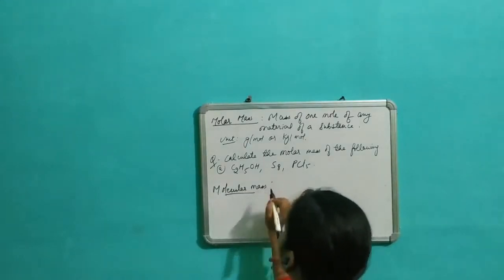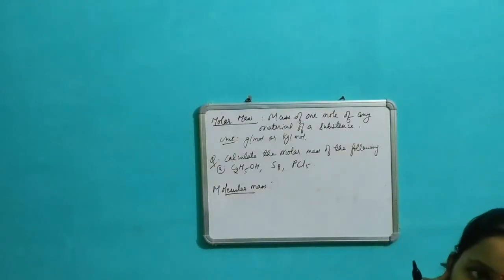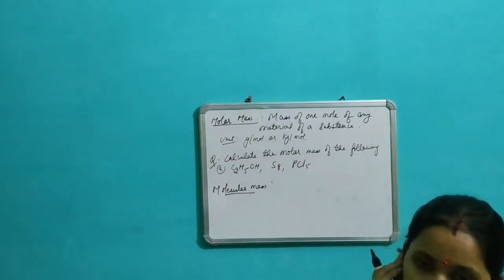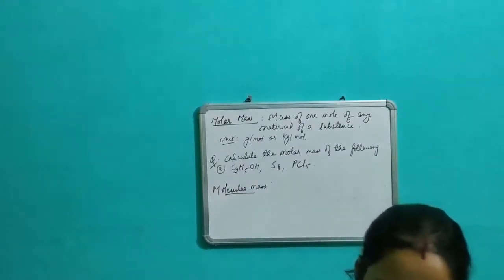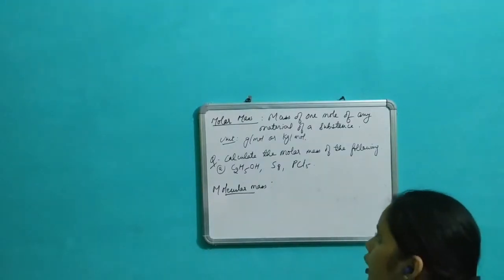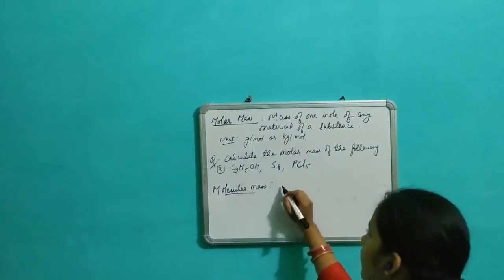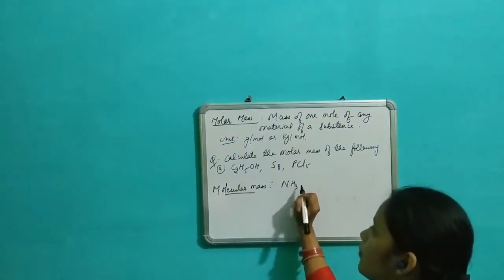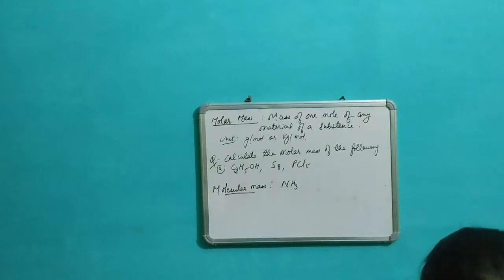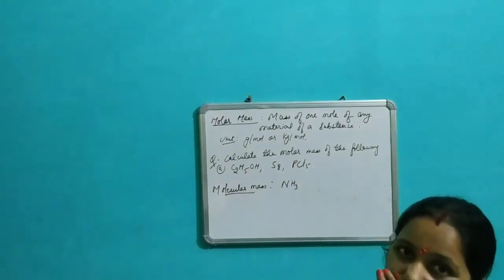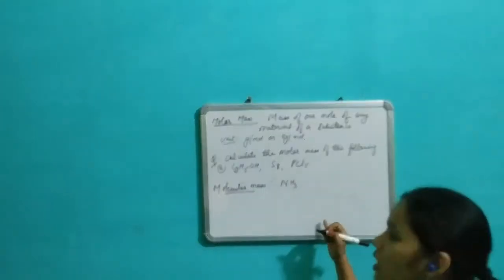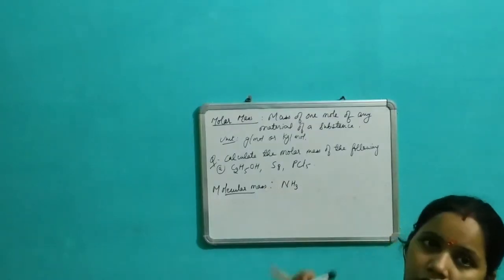is the average mass of a molecule of a substance expressed in atomic mass unit. For example, if I have NH3, I want to calculate the molecular mass. This can be obtained by adding the average atomic mass of all the elements present in the molecule.